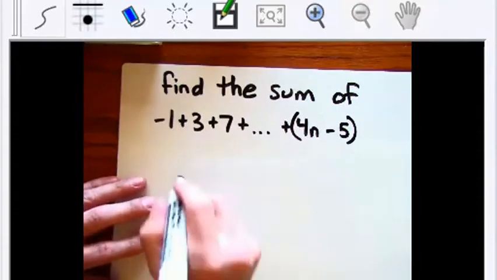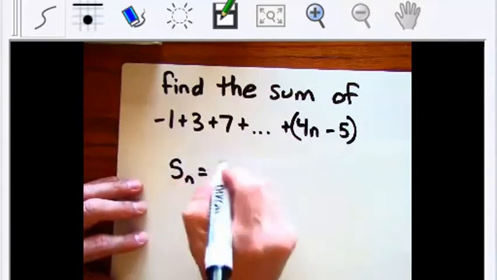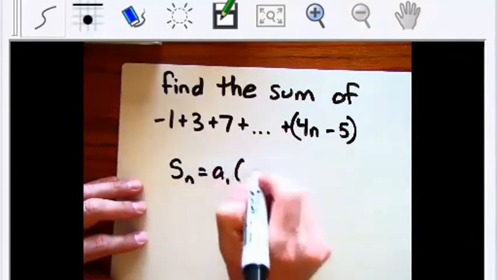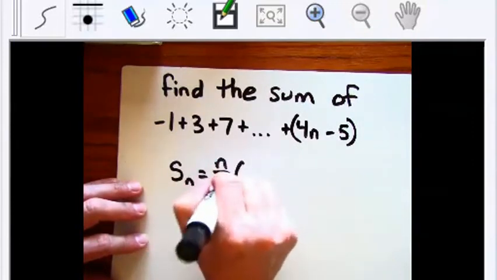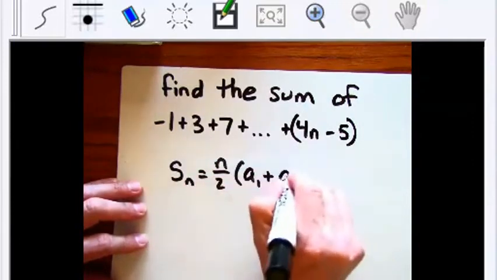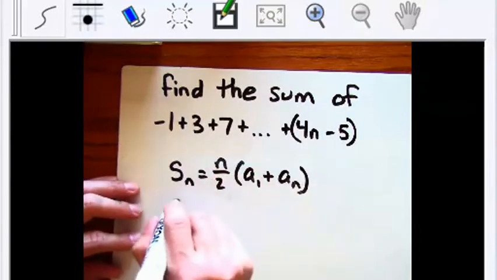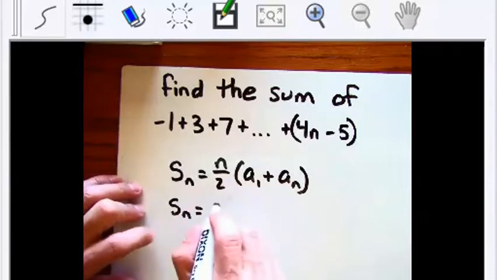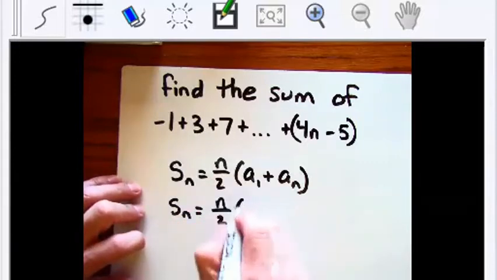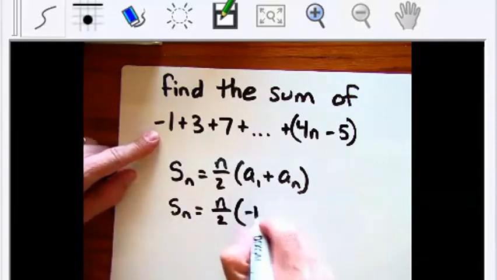Okay, so let's roll through here. The first one, let me write that formula down again. S sub n equals n over 2 times a sub 1 plus a sub n. I don't know what n is in this case, so n is going to stay n. I do know a sub 1 is -1.